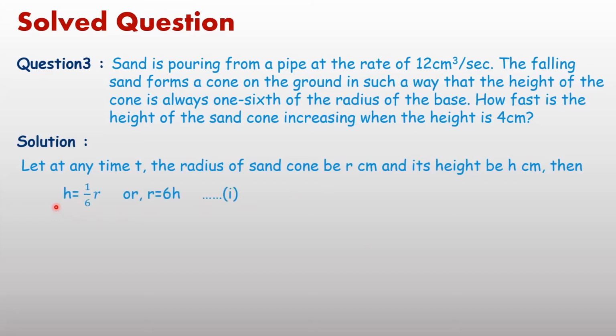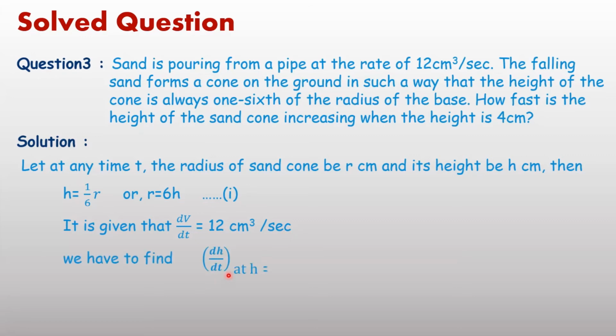Then as per the given condition h equal to 1/6 r, the height of the cone is always 1/6 of the radius of the base, h equal to 1/6 r, or radius r equal to 6h, as equation first. It is given that the rate of change of volume dv by dt equal to 12 centimeter cube per second, and we have to find dh by dt at h equal to 4 centimeter.